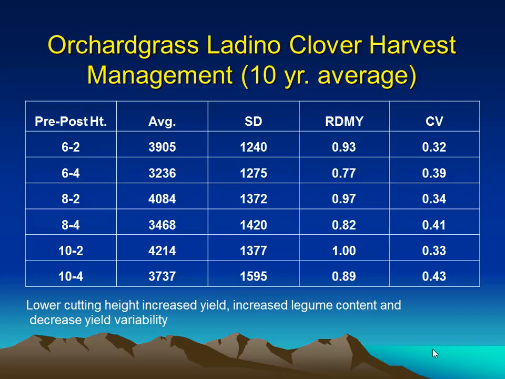Now, if you're in hot weather, the whole system is under stress. And by hot weather, I'm talking daytime temperatures in the high 80s. Now let's be a little gentler on that stand, and leave 4 inches of stubble, and that's what we're saying here.